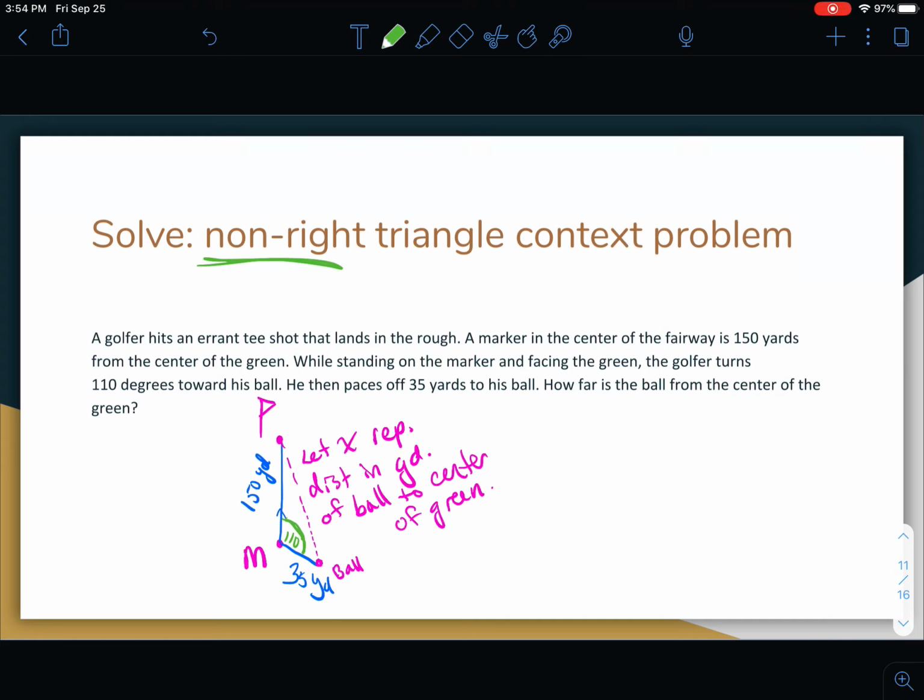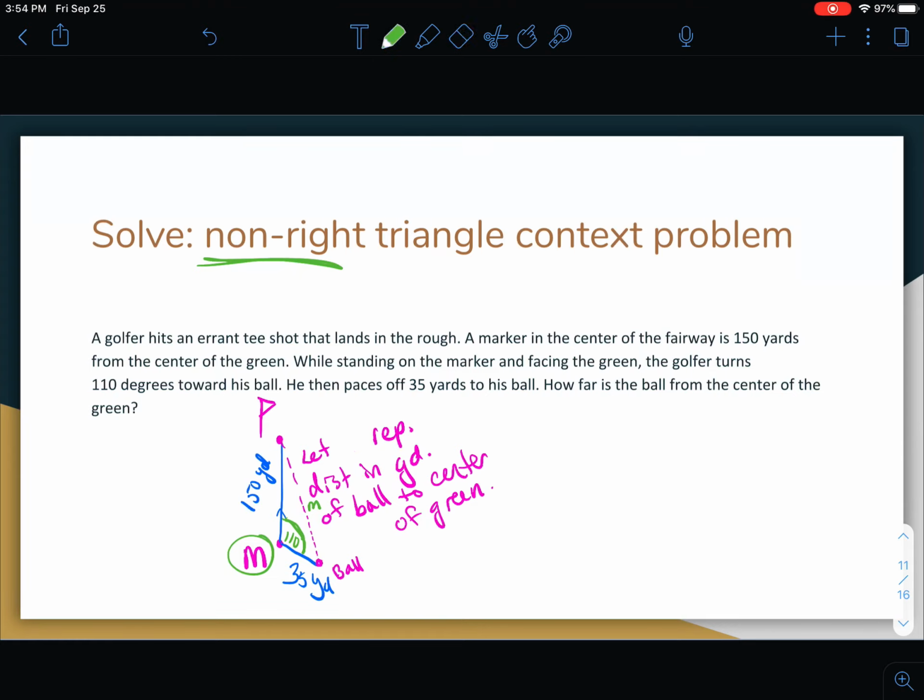If I were to try to use law of sines, if you try that and set it up, you're going to have two unknowns in a single equation. That is not going to work for us. So what we need to do is use law of cosines. We'll keep this as angle M, and this will be little m. Let's do that instead of the x so we can be consistent.